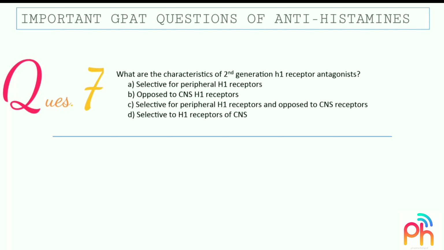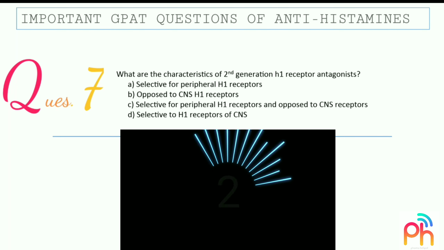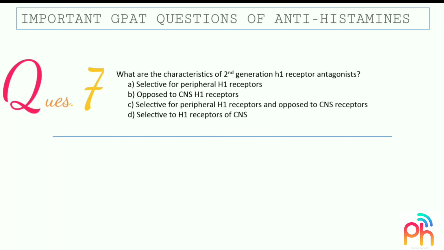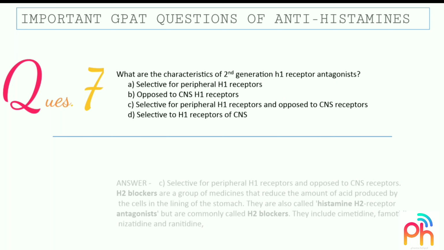You have 10 seconds to think. Okay, so the correct answer is option C, which is selective for peripheral H1 receptors and opposed to CNS receptors.